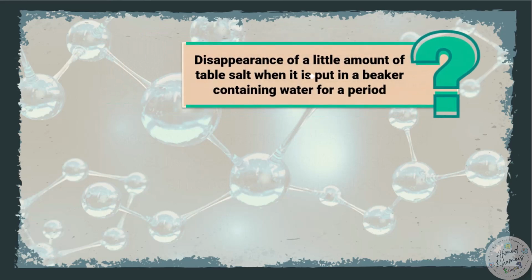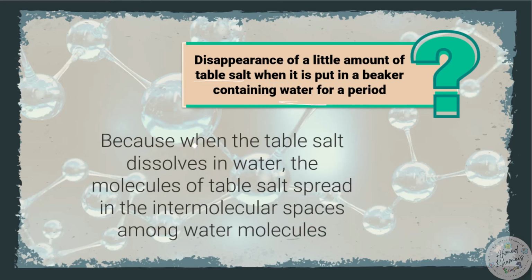Similarly, a little table salt disappears when put in a beaker containing water, because the table salt dissolves in water. The molecules of salt get into the intermolecular spaces among the water molecules.